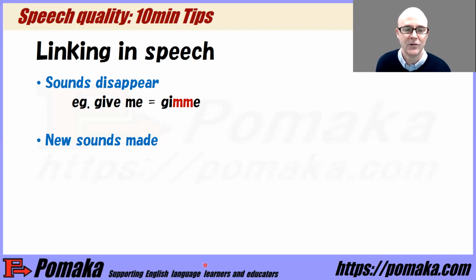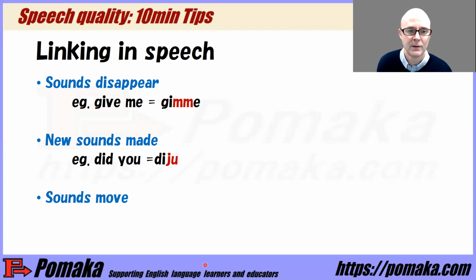Another type of linking is where new sounds are made by the words joining. For example, did you becomes did you. Another type is where the sounds move or seem to move in linking. For example, clean up becomes clean up.